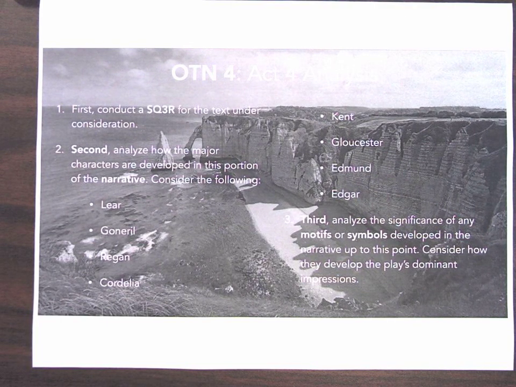Well, in Act 4, it would seem that Shakespeare is pushing us further and further into this question, and also offering us in Act 4, which is the brightest of the acts of the play, relational reconciliation that comes to pass.